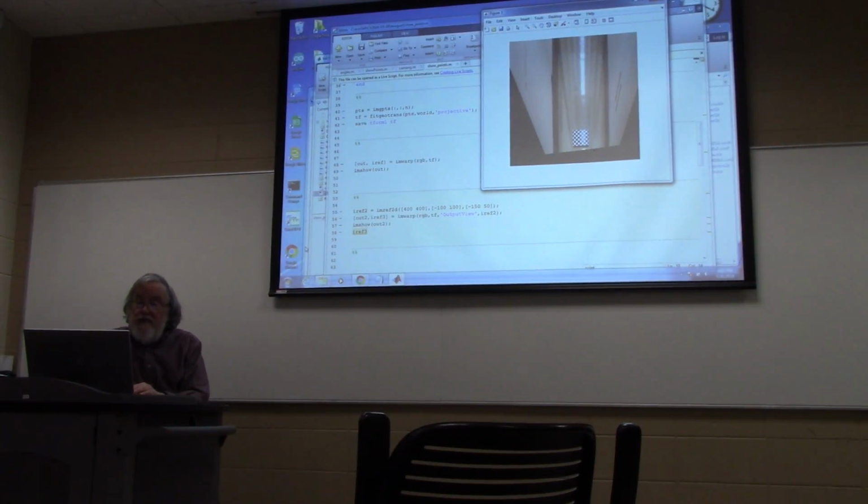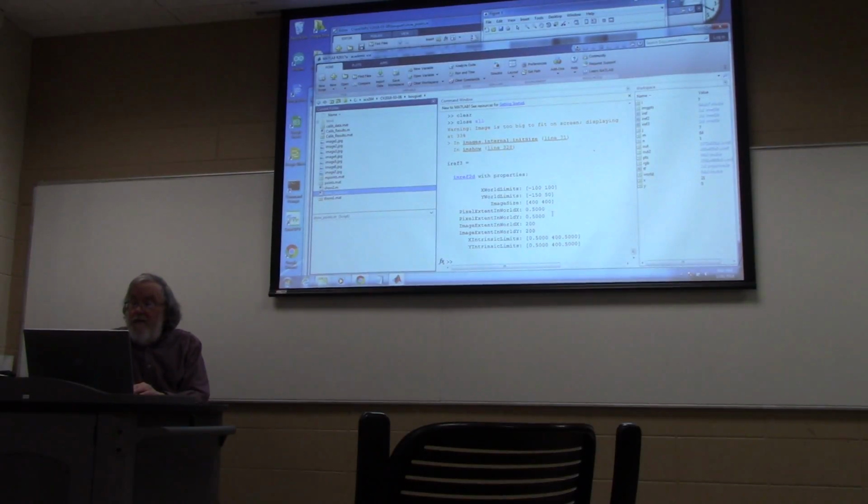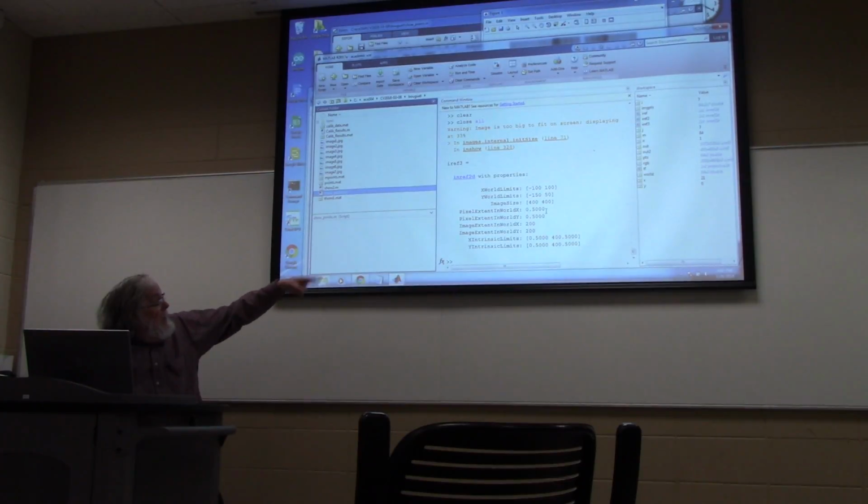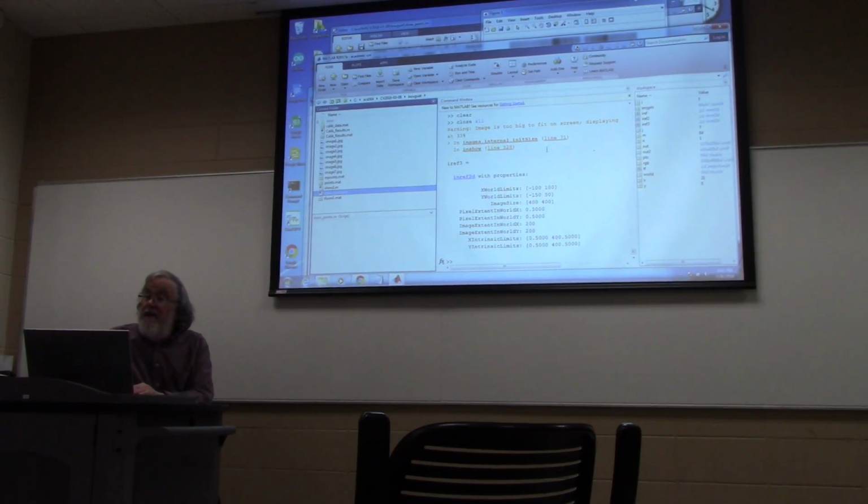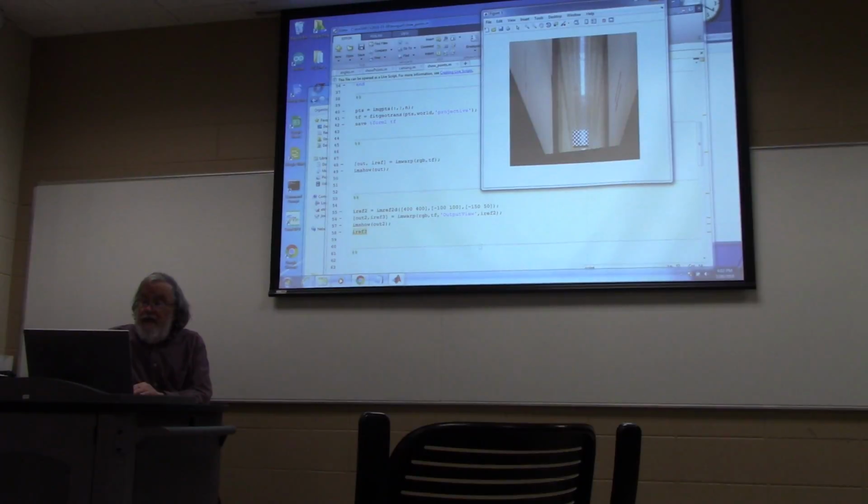If I've chosen them right, I take a look at the reference parameters that come out, and I want to make sure that the pixel extent in world X is the same as the pixel extent in world Y. That makes the pixels square. So that's better.